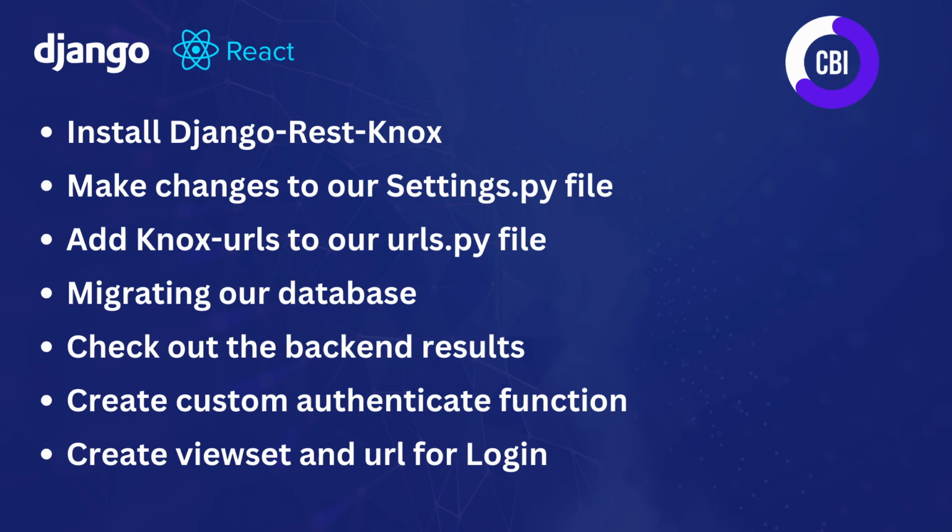Once that is all complete, we're going to check out the results in our backend server, and then we're going to create a custom function for authenticating our users and finishing up with creating a view set and URL for login. And in the end, we will have all of the backend stuff configured so that users can log in.